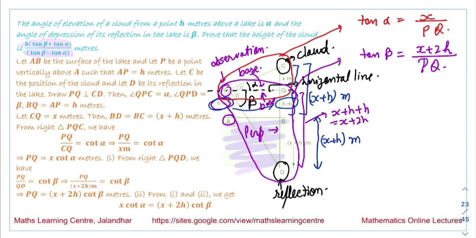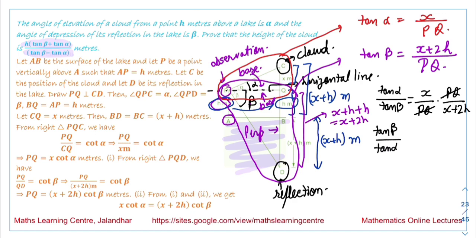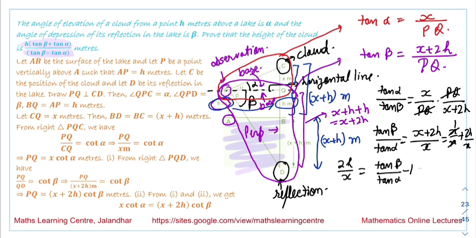Now if we divide both these equations, we get tan alpha over tan beta equals x over PQ into PQ over x plus 2h. This PQ gets cancelled. So we can write tan beta over tan alpha equals x plus 2h over x, so it is x over x plus 2h over x. These get cancelled. So what we get is 2h over x equals tan beta over tan alpha minus 1, so it is tan beta minus tan alpha over tan alpha.